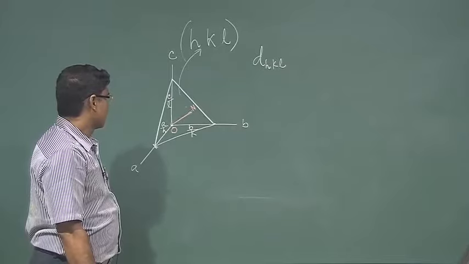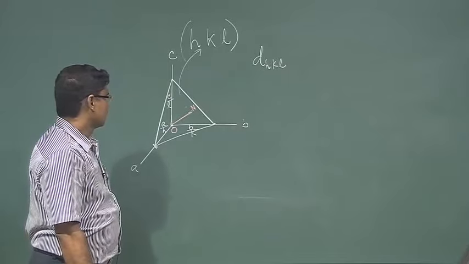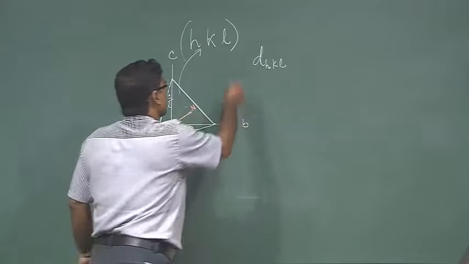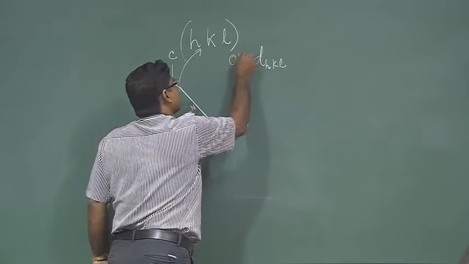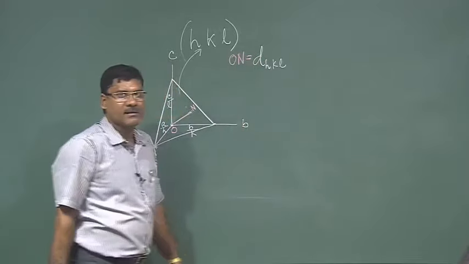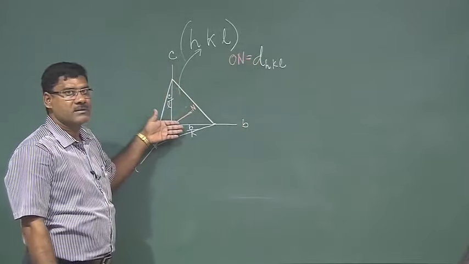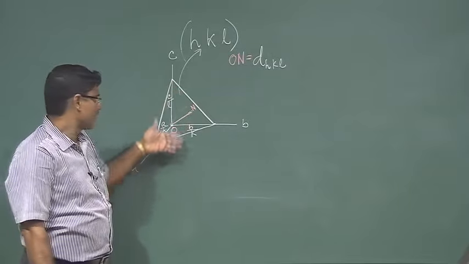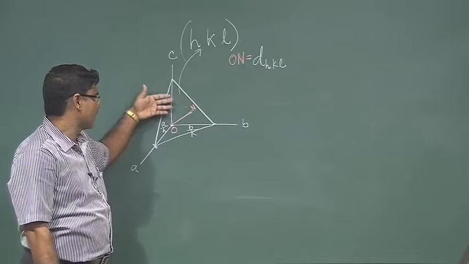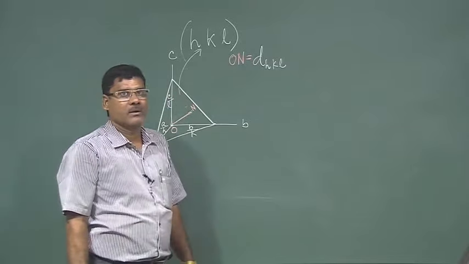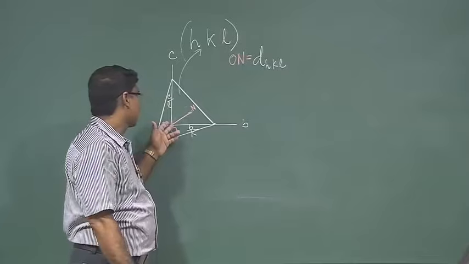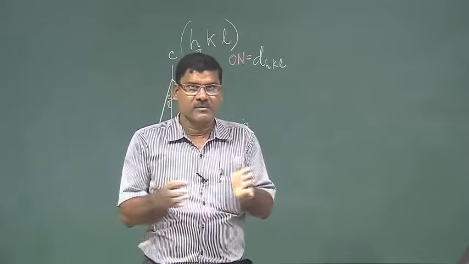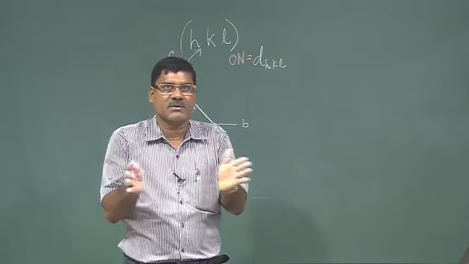Okay. So this ON will be basically DHKL, as I told, a parallel plane of this HKL plane passing through this origin. So then normal from the origin on this plane, this ON, is the perpendicular distance between two parallel planes.